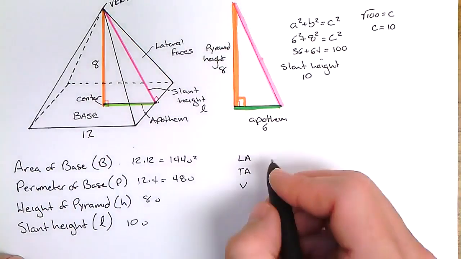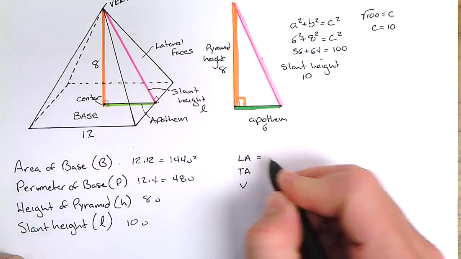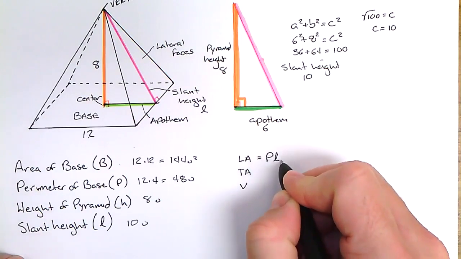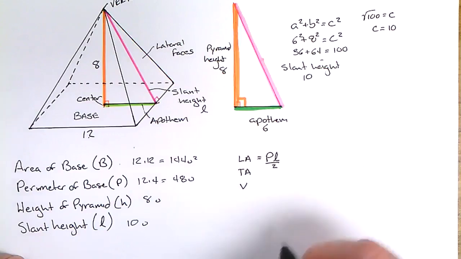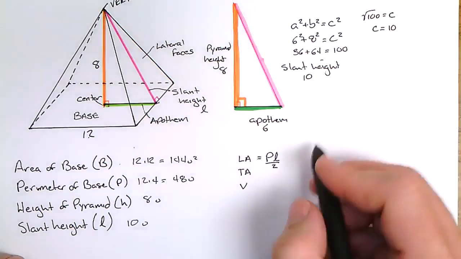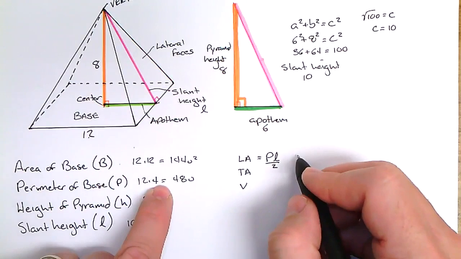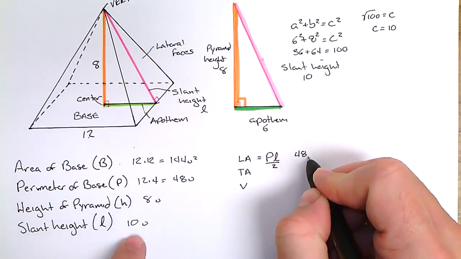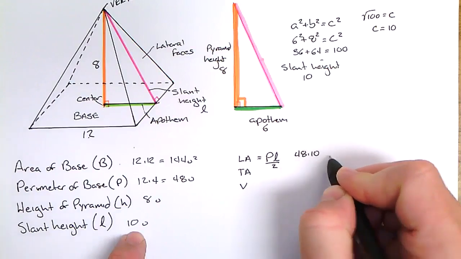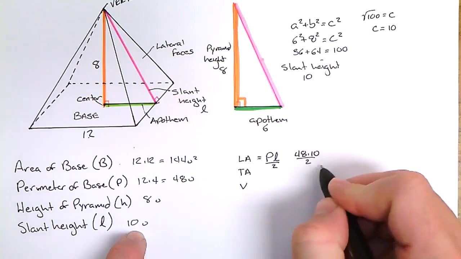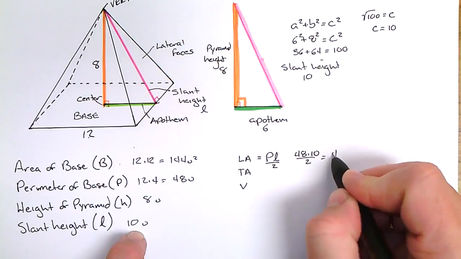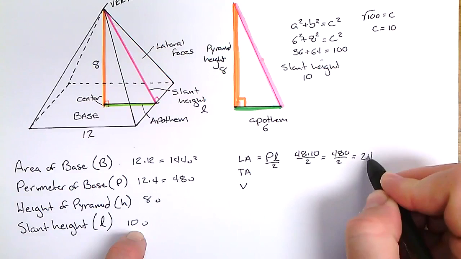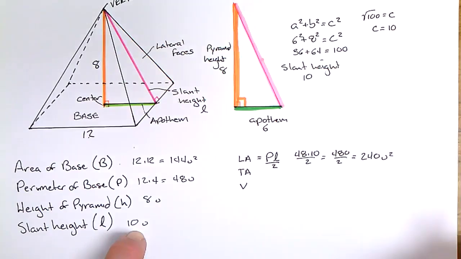Now the lateral area in this case is equal to the perimeter times the slant height divided by 2. So our perimeter, 48. Our slant height, 10, divided by 2. 480 divided by 2, 240 units squared.